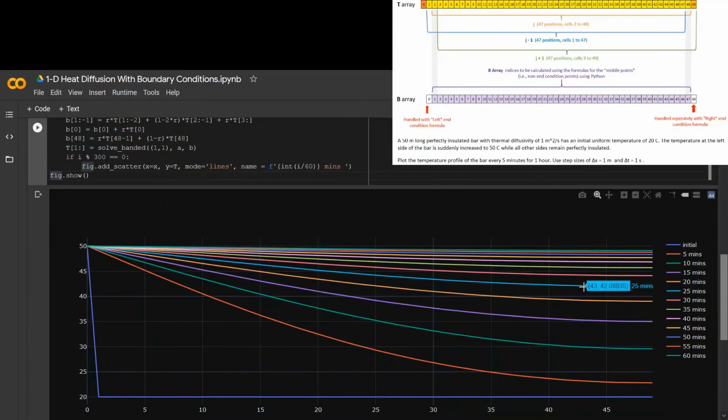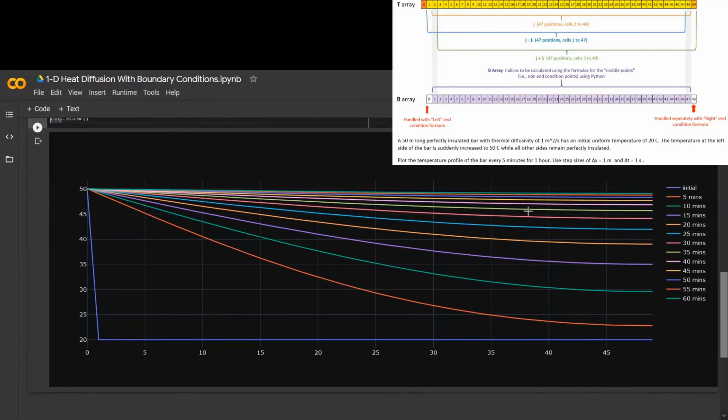Nice. Okay. So look at that. At our initial, this is when our node at position 0 is 50, everything else is 20. And as you would expect, as the time increases, the gradient will obviously become more linear. Initially the temperature will be higher the closer you are to that left boundary, because that boundary is always 50 degrees Celsius while everything was initially 20.